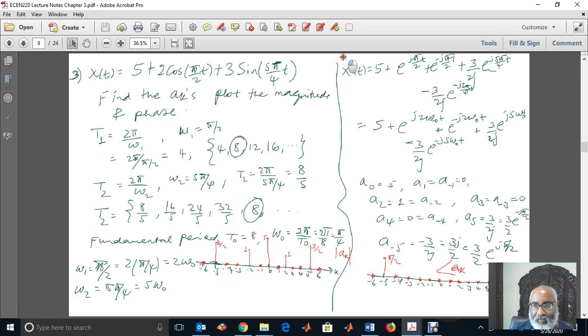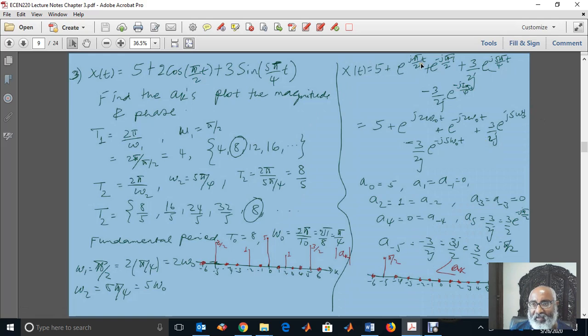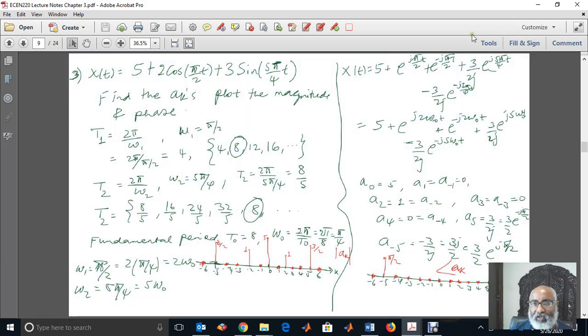Then we expand x of t using Euler. When we expand using Euler, we get this. Okay, you can follow this. Then we determine each of them, like what is pi over 2 in terms of omega naught? What is minus pi over 2 in terms of omega naught? What is 5 pi over 4 in terms of omega naught? Because omega naught, we already got it here.